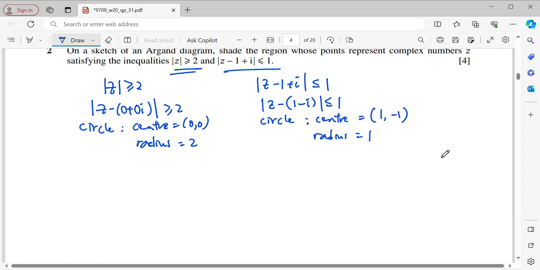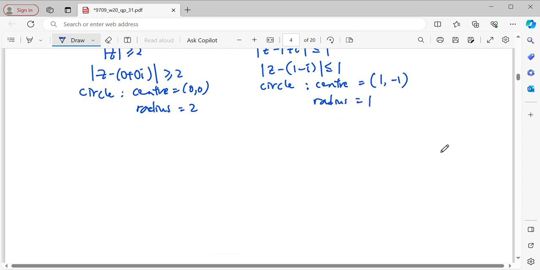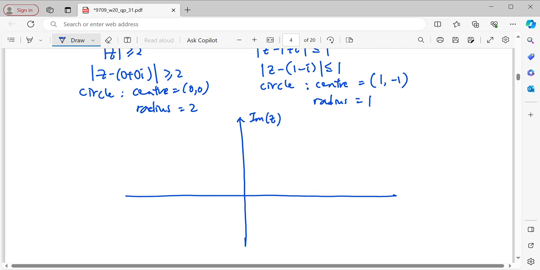Okay, so now we have to draw 2 circles on the same Argand diagram. So now I will label, let's say this is the imaginary axis and this is the real axis. Now, center 0, 0, radius is 2. So let's say here 1, 2, 1, 2.